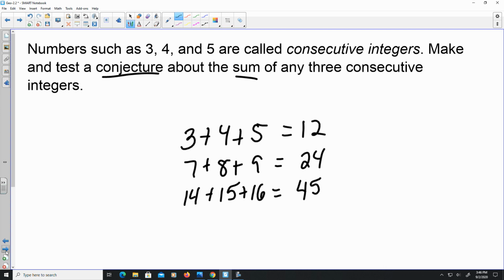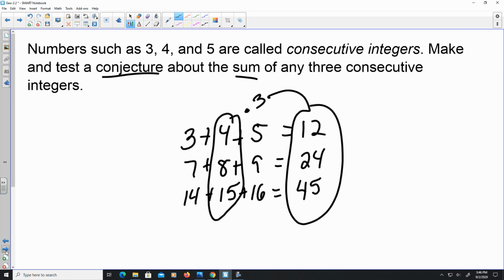Well, what I notice is if you took the middle number in these sums and multiplied it by 3, you would get the results of those sums of consecutive integers, because 4 times 3 is 12, 8 times 3 is 24, and 15 times 3 is 45. So my conjecture would be taking the middle number of the consecutive integers, multiply it by 3, you would get your result. So that would be my conjecture.